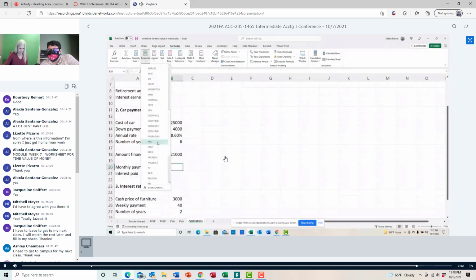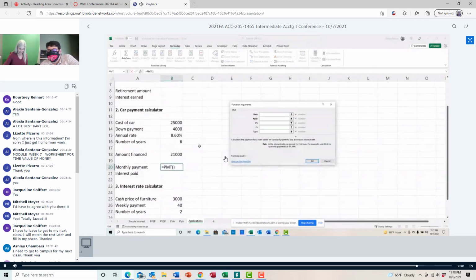So in the PMT box, in the annual rate, I'm just going to click on the 8.6%. I'm not going to type 8.6%. I'm going to click on the 8.6% and I'm going to /12. In the N per, I'm going to click on the number of years and then multiply *12.